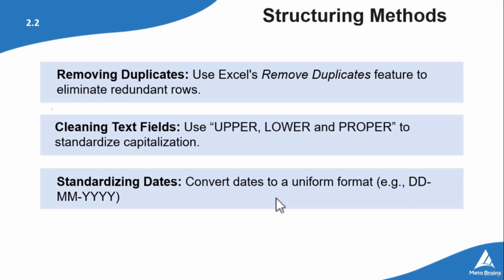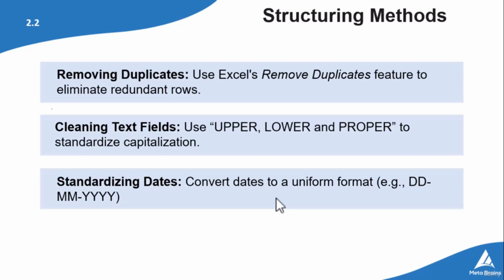Functions like PROPER, UPPER, or LOWER help standardize capitalization. For example, you can convert text to a consistent format across a range of data, creating a more professional and consistent dataset. Standardizing dates is one of the most crucial tasks in structuring data, given the variety of formats that can appear in a dataset.